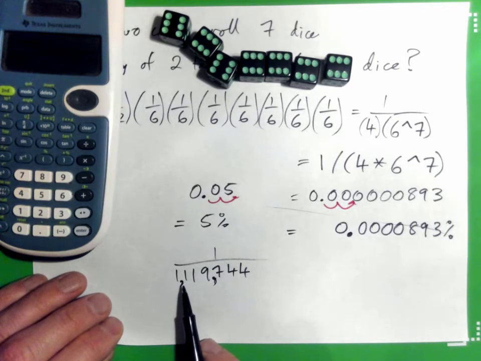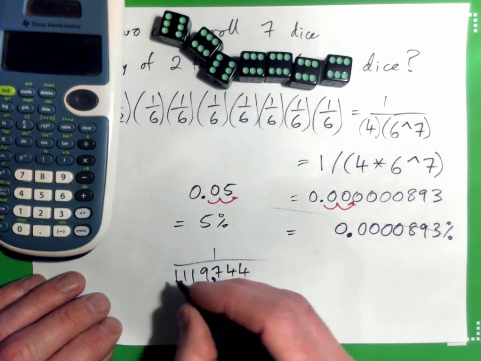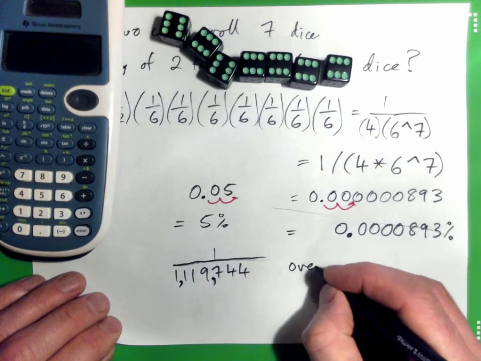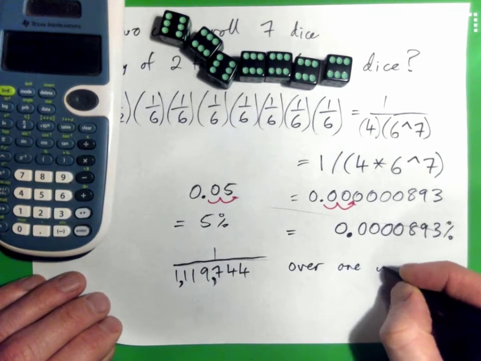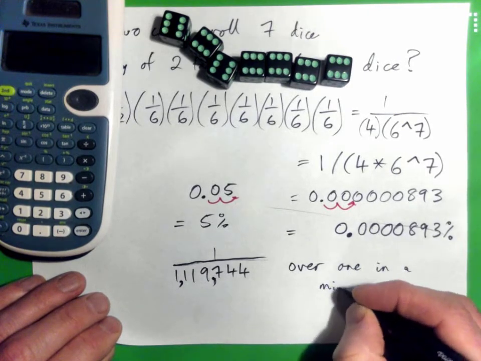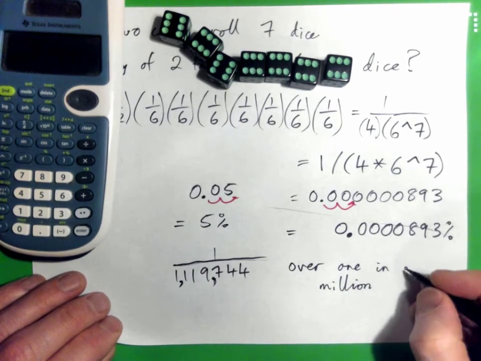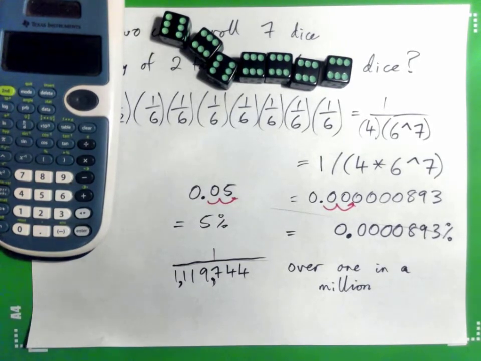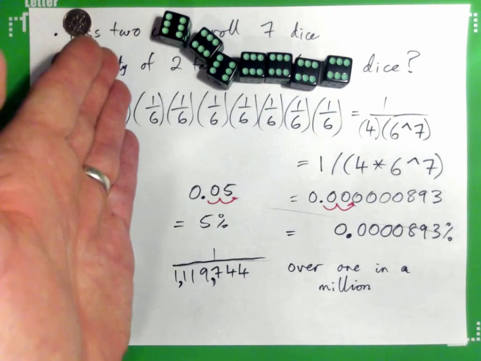A million, 119,000. So it's a little over 1 in a million. It's what you would say if you were just chatting with somebody about this, right? It's over 1 in a million. Got it? So very unlikely, okay? Because you have so many events that have to happen in a row, right?